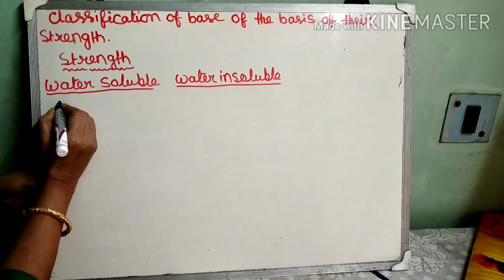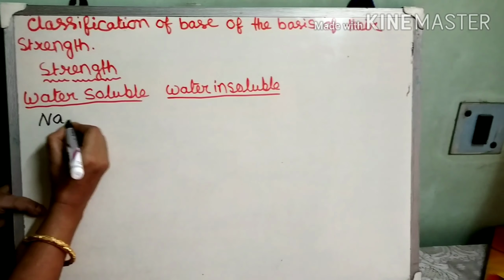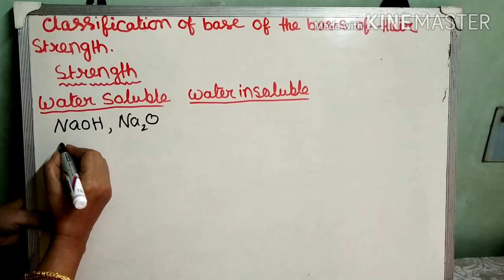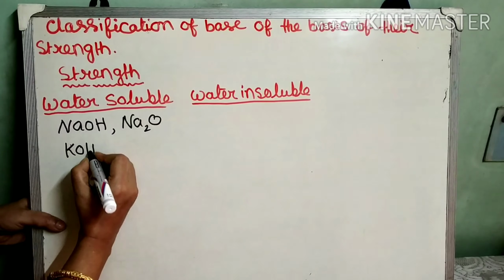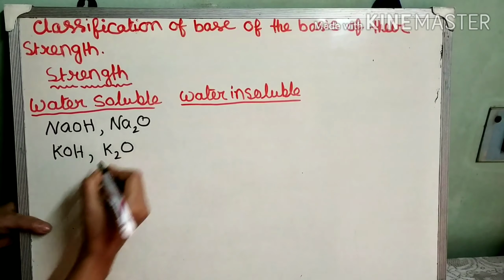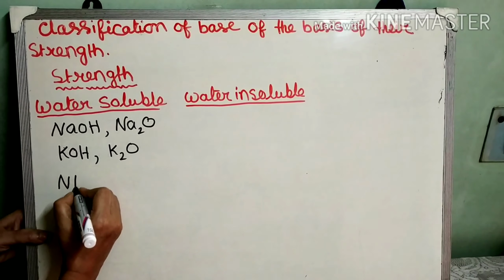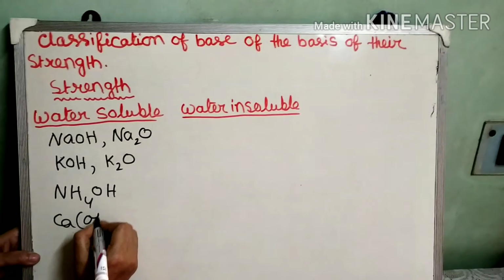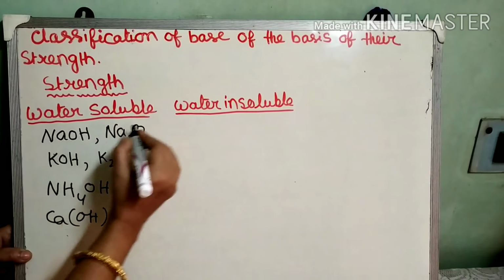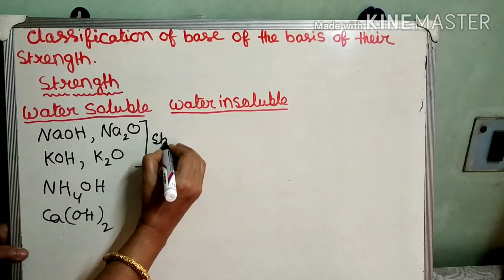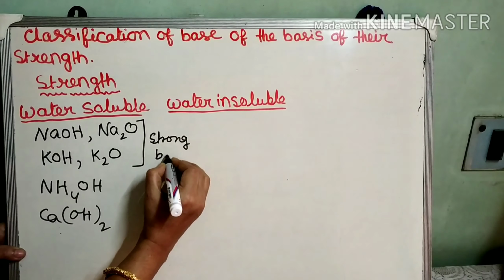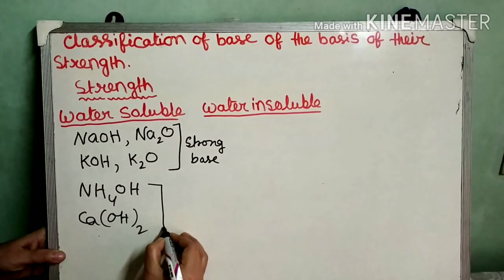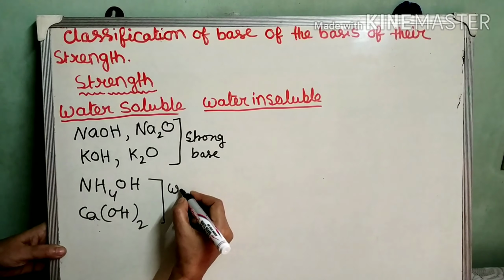Water soluble bases are NaOH, Na2O, KOH, K2O, NH4OH and Ca(OH)2. Strong bases completely dissociate in water, and weak bases partially dissociate in water.